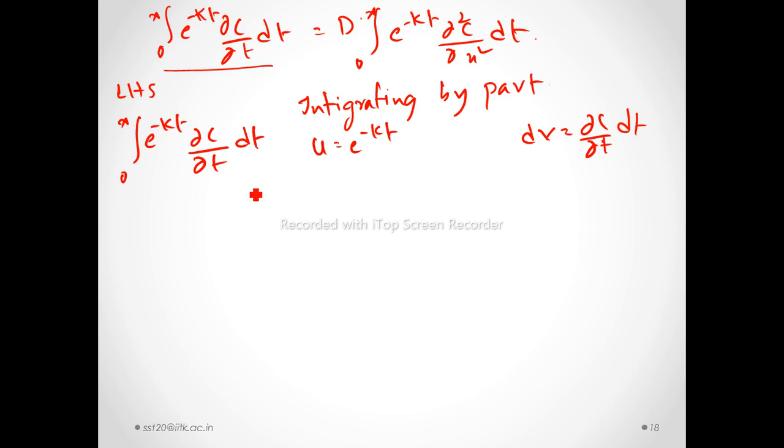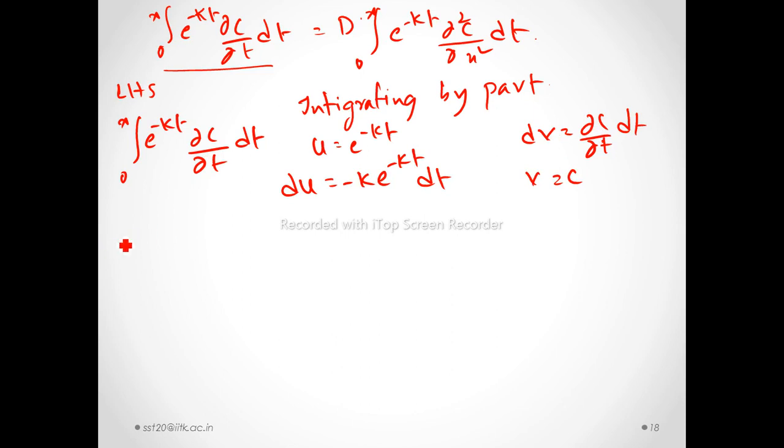Then differentiating, du is equal to k e to the power of kt into dt, and integrating, v is equal to c.